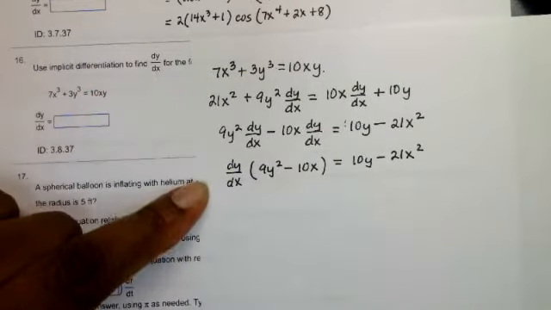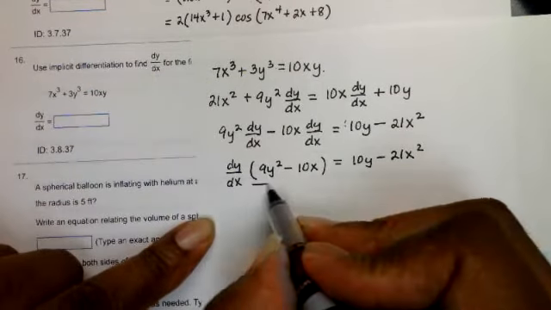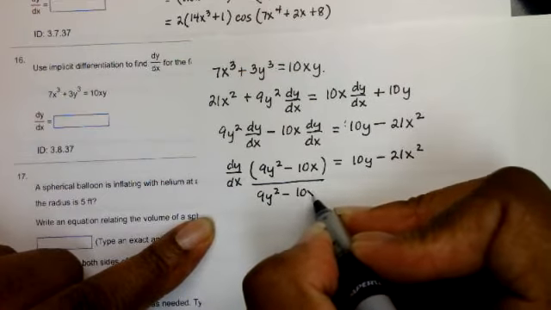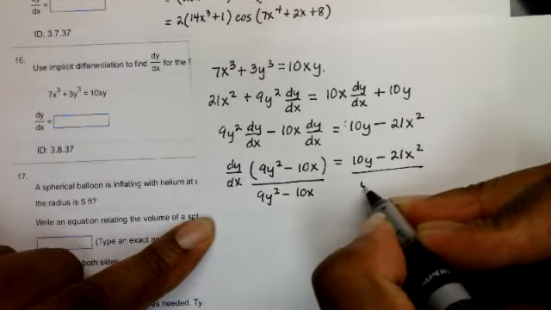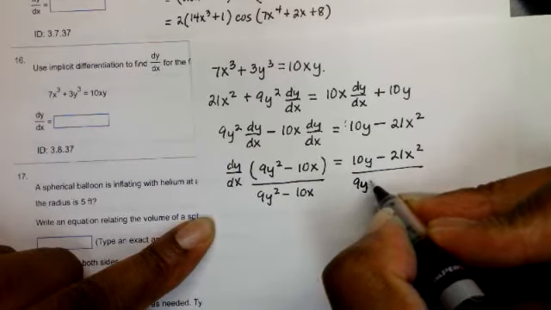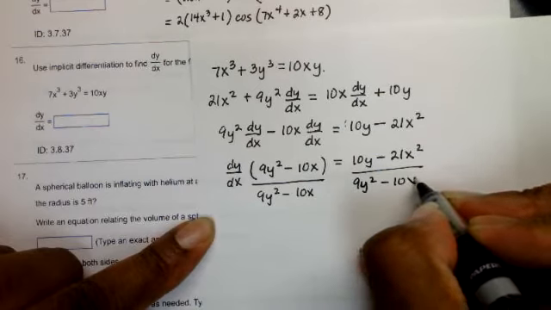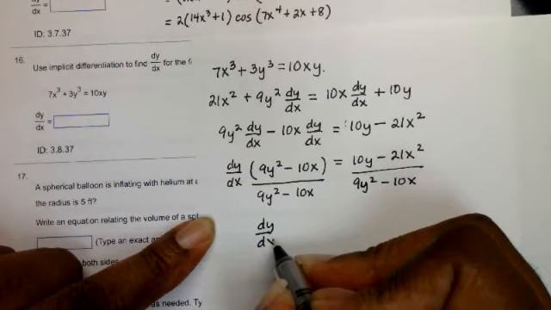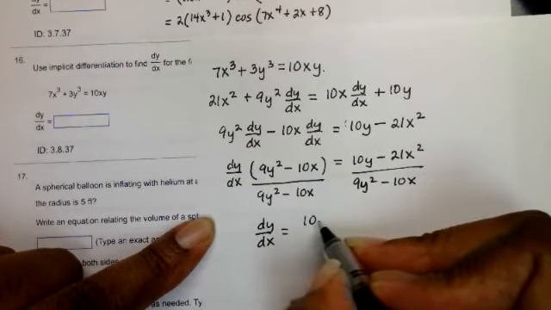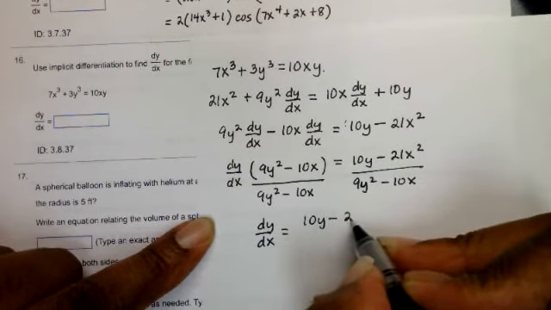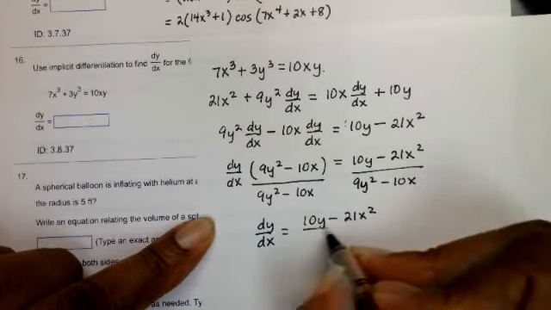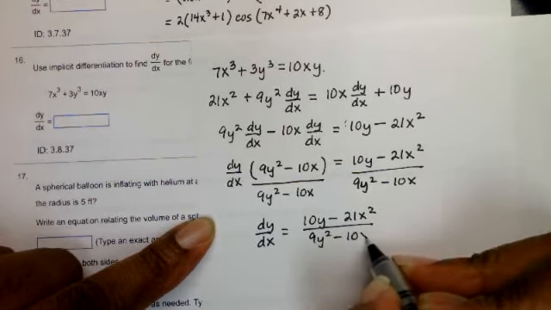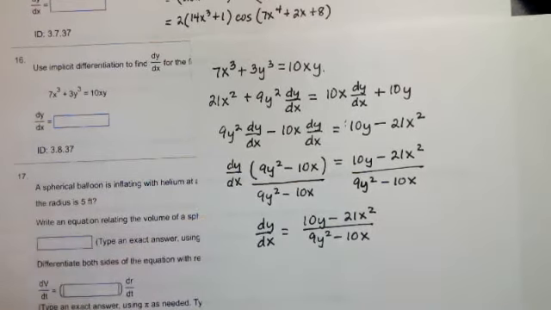So to solve for dy dx, I'm going to divide both sides by 9y squared minus 10x. So dy dx will be equal to 10y minus 21x squared divided by 9y squared minus 10x.